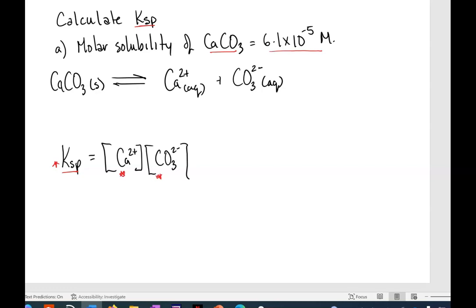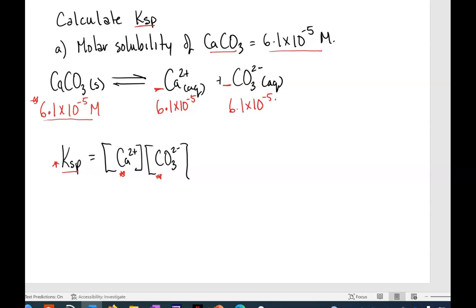Since it gives us the molar solubility, we can figure out the concentrations of calcium and carbonate, because this represents the maximum amount of calcium carbonate that can dissolve in solution. When this dissolves, you get 1 calcium and 1 carbonate, so it's all 1 to 1. Therefore, the concentration of calcium is 6.1 times 10 to the minus 5, and carbonate is also 6.1 times 10 to the minus 5.